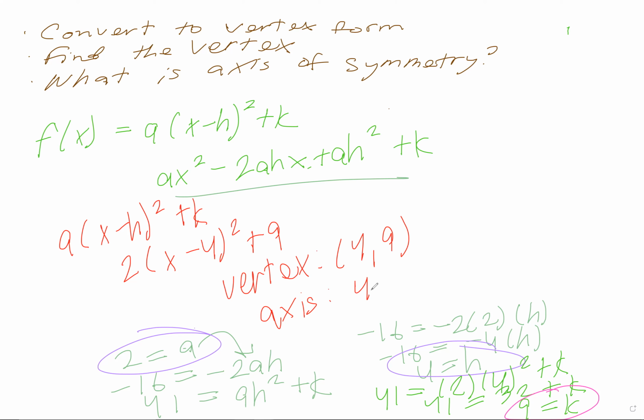Now only 20 more parts to go. We can check if we did it right, because whatever we got in vertex form should equal what we were given in the beginning: 2x squared minus 16x plus 41. I'll do the box method.